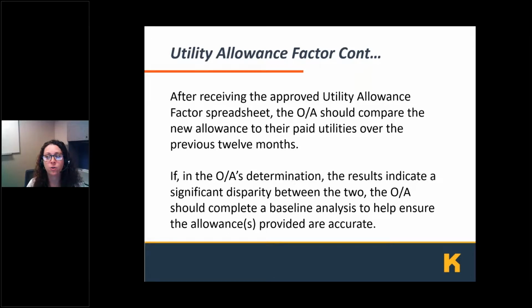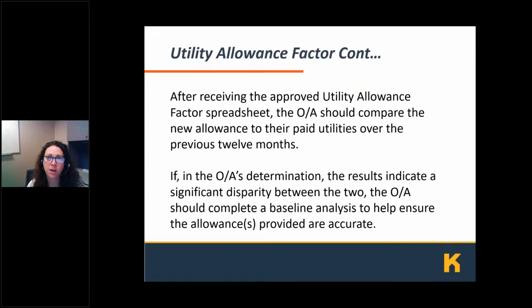You could notice that when we calculated your factor, well, first of all, this year it's causing a decrease. And so maybe we have had some properties that say, I don't know that really is accurate based on the usage that we've had. We encourage you, compare the factor allowance amount to what your actual usage is. Look at them. If they're the same or close to the same, that's great. You can just take that number and move forward.